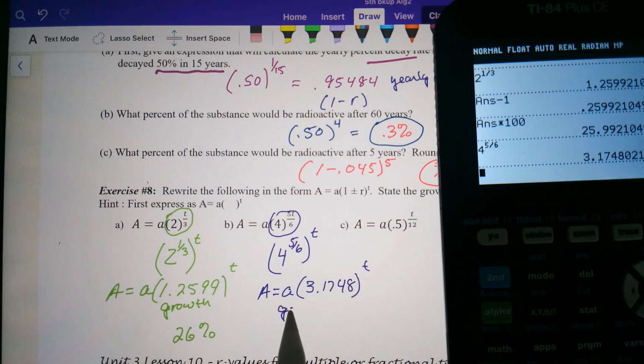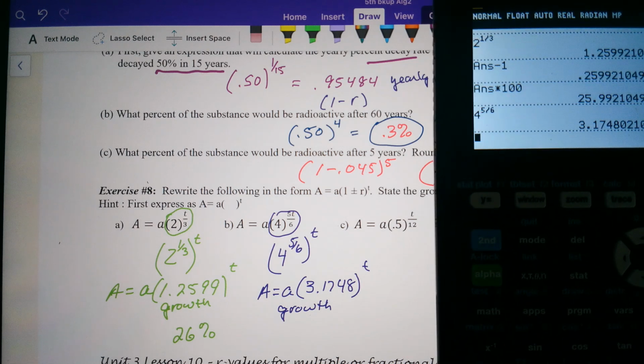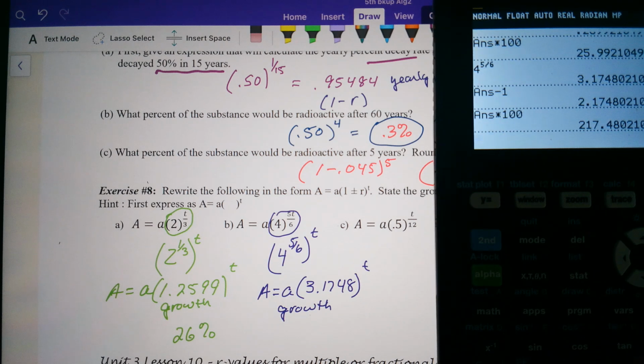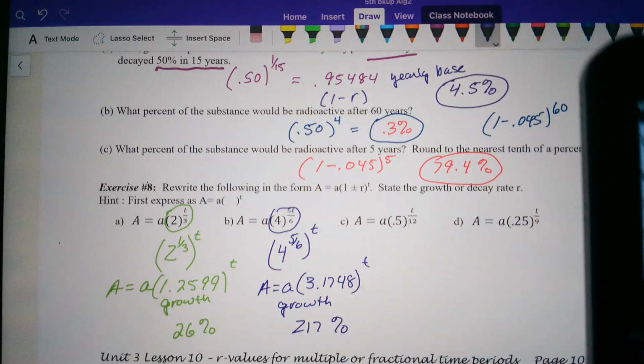This also is growth, because our base is greater than 1. And that's large growth. Subtract 1 times by 100: 217. I think there's a typo here. I think that's just supposed to be to the t over 6. 217% growth rate.